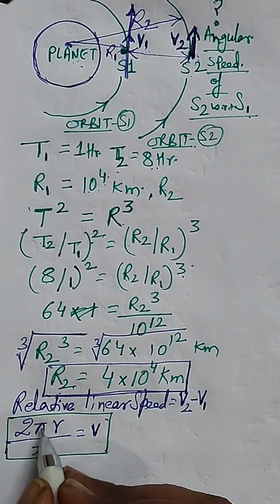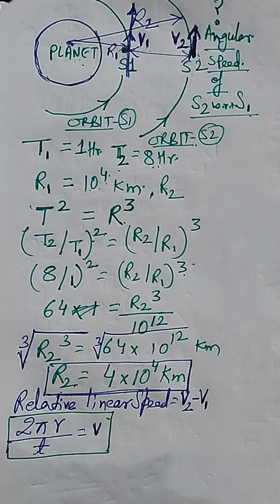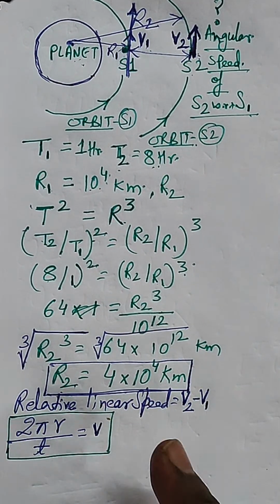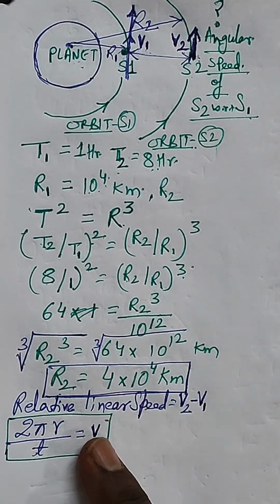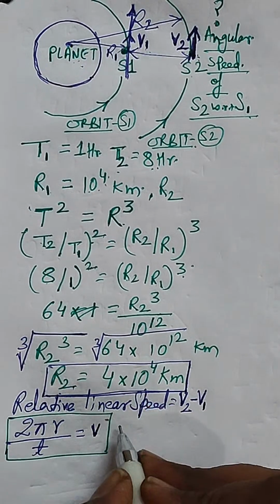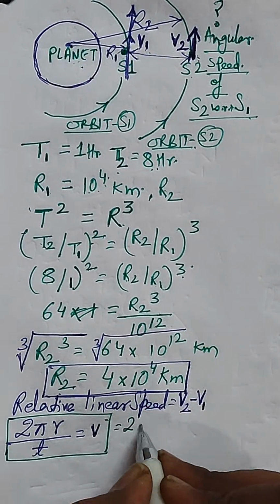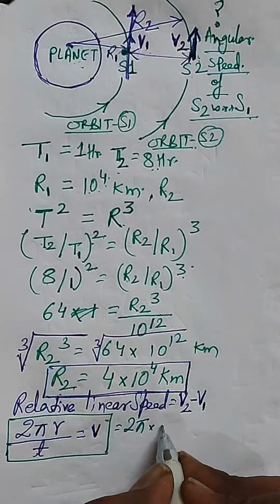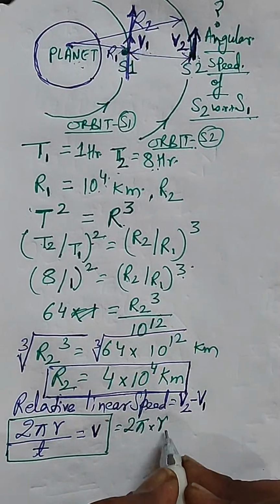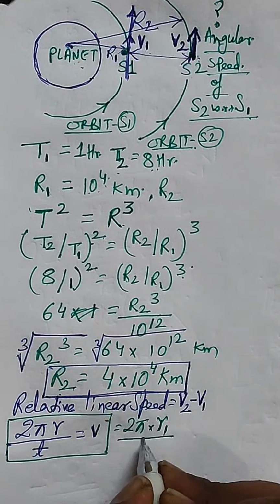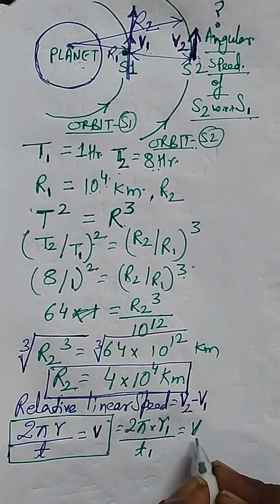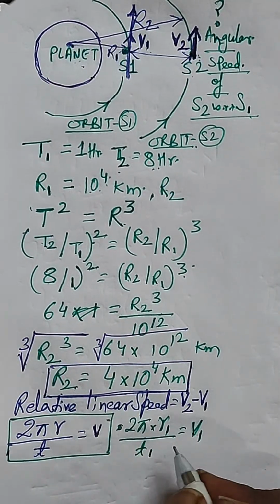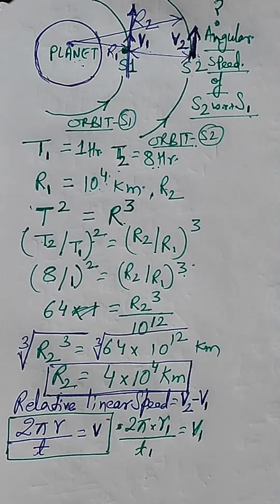This is the displacement, this is the time, and this is the linear velocity. Using this relation, we know the value of r1. For r1 this will be 2 pi into r1 by t1, which will give you v1.